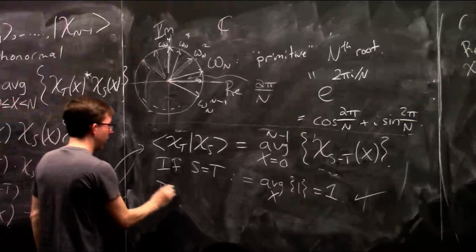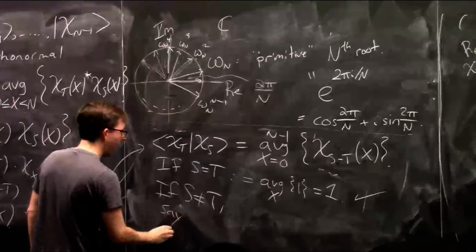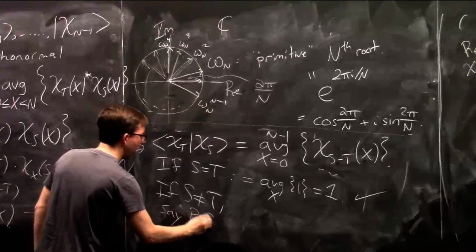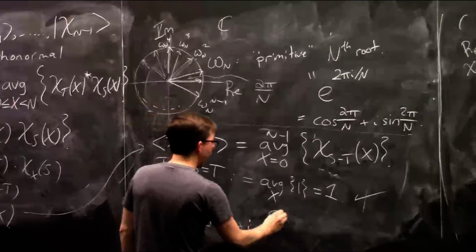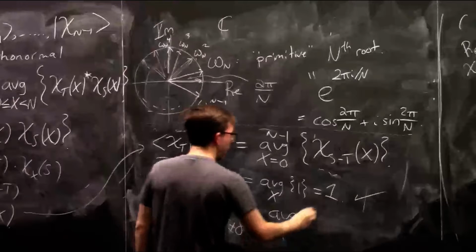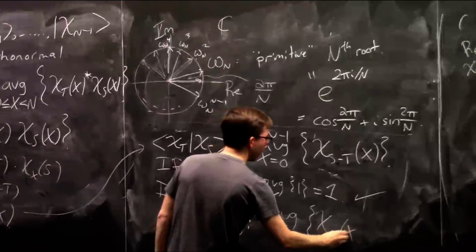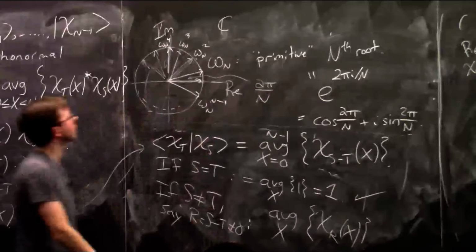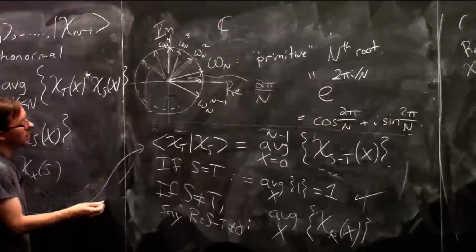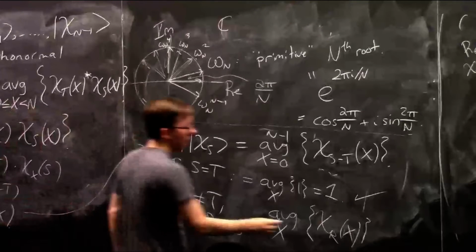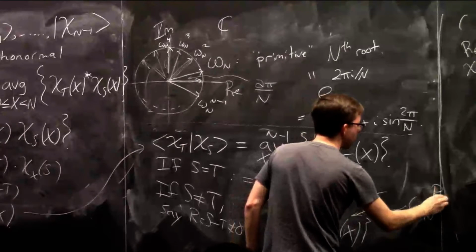And what about if they're different? Say r equals s minus t is not equal to 0. Then we're getting the average over x of chi r of x. Well, this thing is omega n to the r times x.